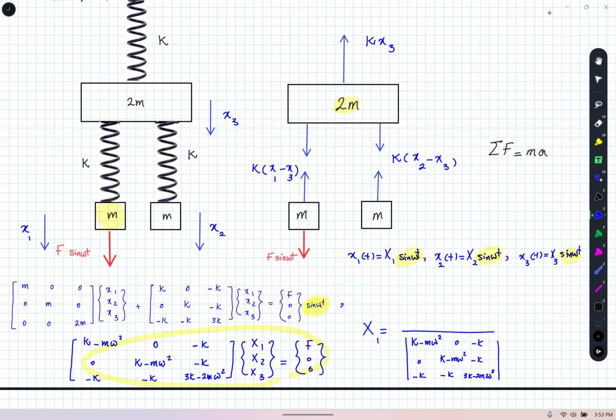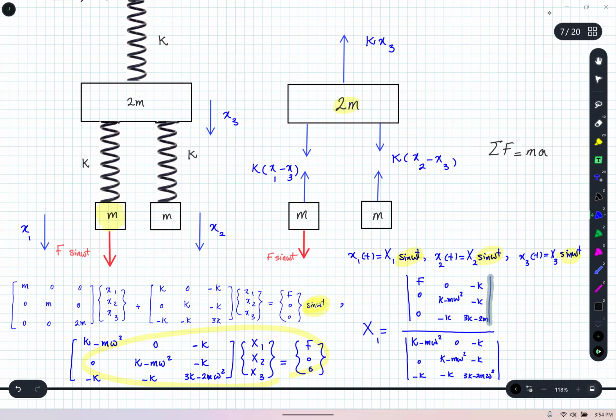And then for the numerator, we just substitute the first column with the right-hand side, f0, 0, 0, and then we repeat the same. So I have 0, minus k, k minus m omega squared, minus k, and here 3k minus 2m omega squared. All right, so that's the response of x1.